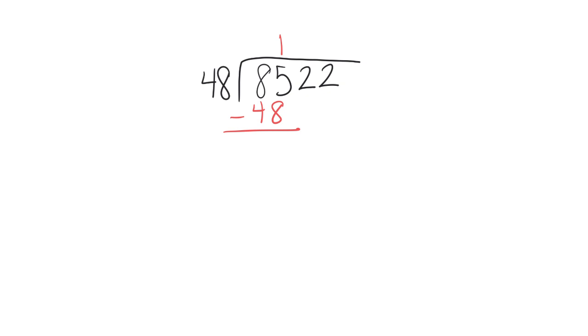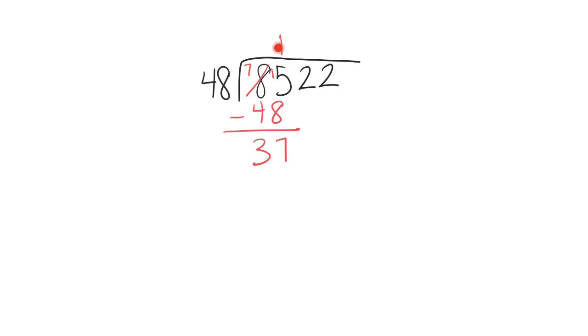Subtract. Borrow from the 8, so I've got a 15 minus 8 is 7, and 7 minus 4 is 3. Now, if you ever get to a point where this value here is bigger than your divisor, what that means is you did not pick a big enough number here.